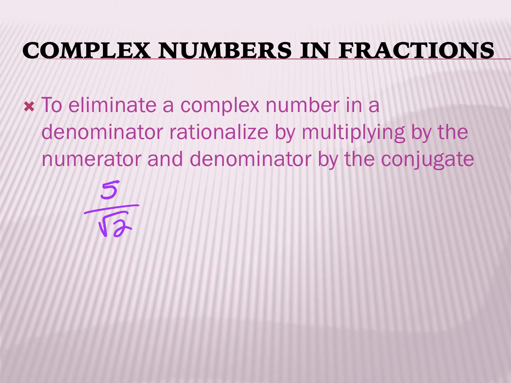I would rationalize by multiplying square root 2 and square root 2. So I'd get 5 root 2 over 2. That's with square roots. Now we're dealing with i's. What does it mean to have an i in the bottom?